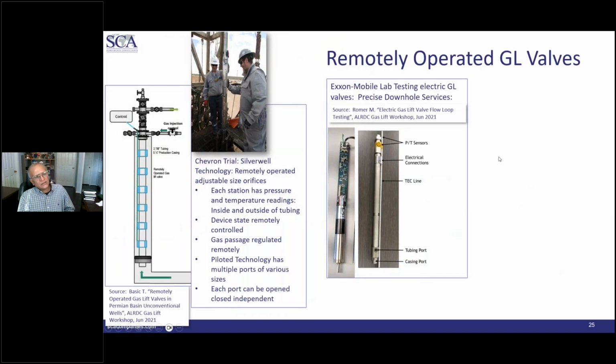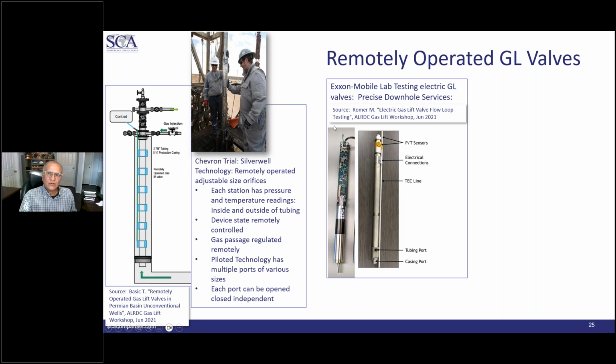Okay. Another experiment people are trying is not to use a traditional gas lift valve, but remotely operated gas lift valve. And then there are multiple approaches. One approach relies on adjustable orifices that can be opened and closed from the surface using the E-line. Another approach is, again, similarly using a valve that can be opened and closed from the surface.